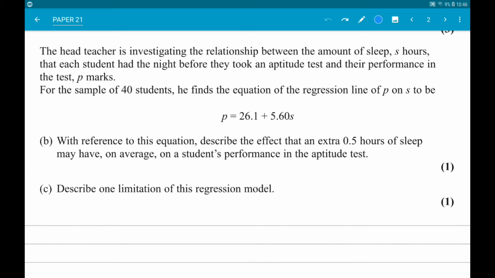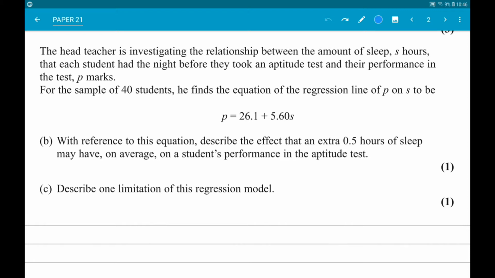So, looking at the model, if someone had 0 hours sleep, then we would expect them to score 26.1. If they had 1 hour sleep, it would be 26.1 and 5.6. So every 1 hour gives them 5.6 more marks.